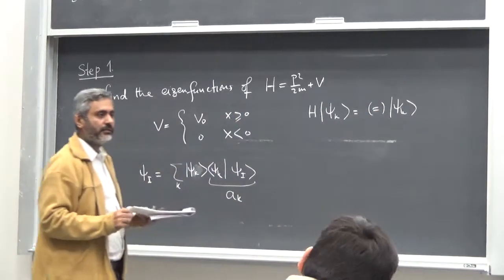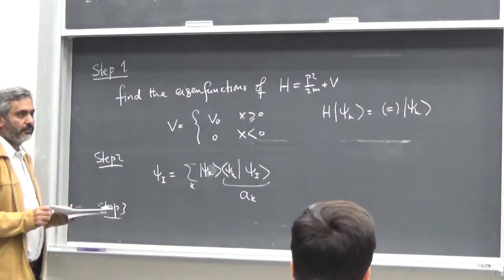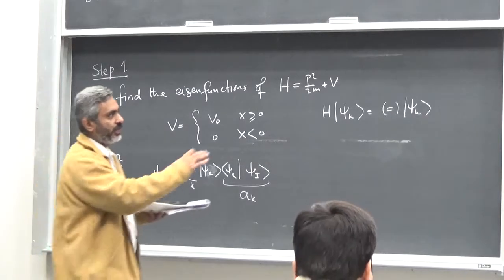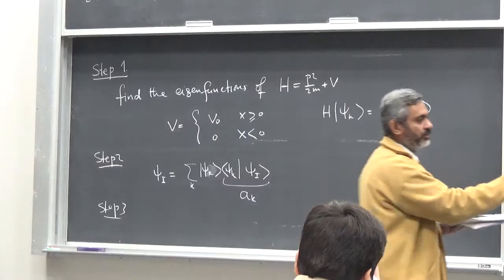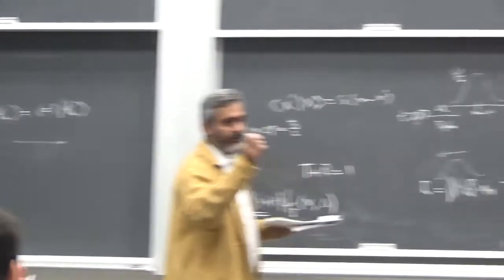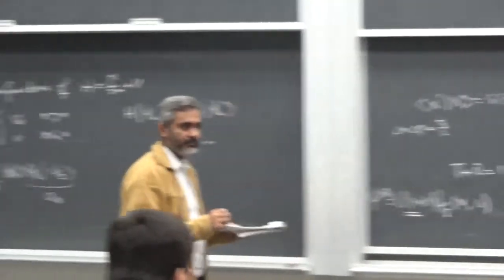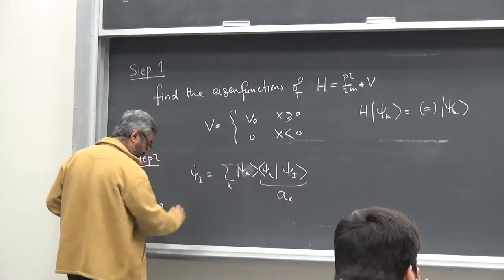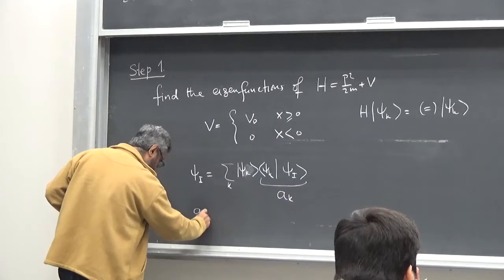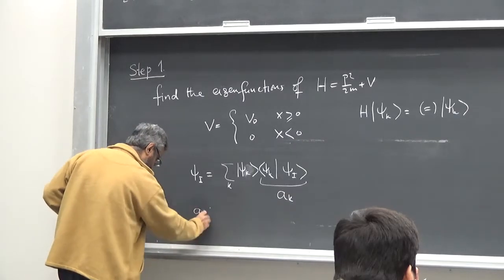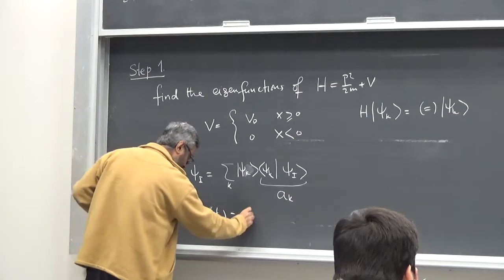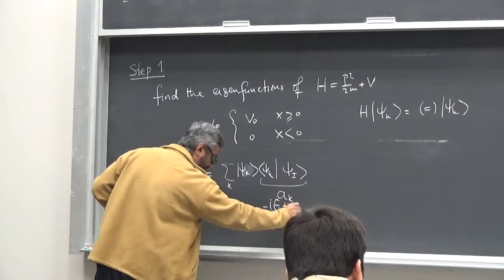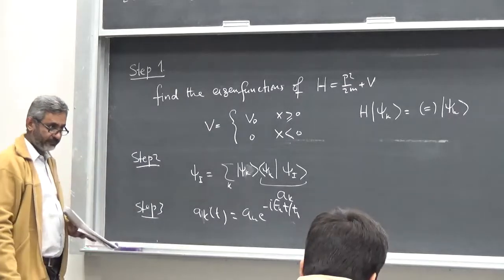We've already done that. These are sort of free particles on both sides, so the energy is going to be something like h bar squared k squared over 2m. Right? Well, now since you know these, you know what A of k of t are. They are just A k e to the minus i E k t over h bar. Maybe that's what you were saying.